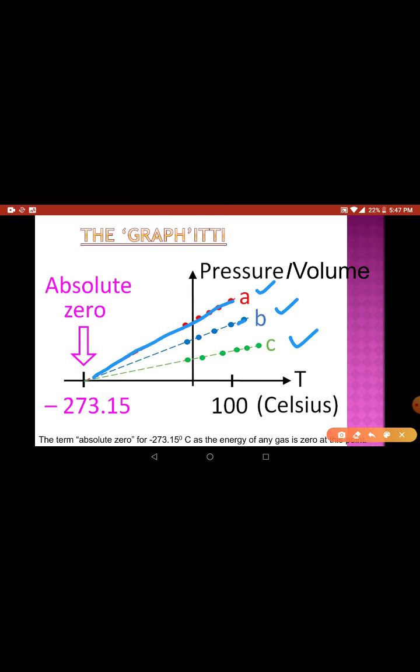That is why this temperature is called absolute zero, because at that temperature all the molecules or atoms of the substance have almost zero energy. We cannot transfer any energy from a body which is at minus 273 degrees Celsius. That is why this temperature is called absolute zero temperature.